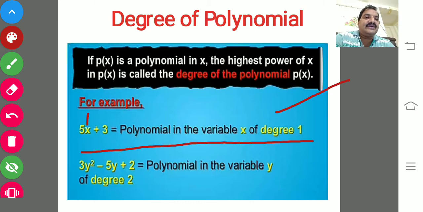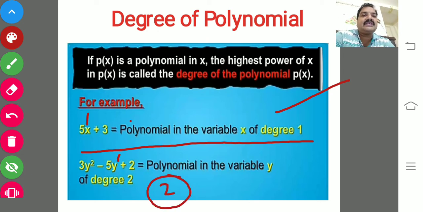Now 3y^2 - 5y + 2: what is the power of y? 2, and 1 also, but we have to take the highest power. So here the degree is 2.